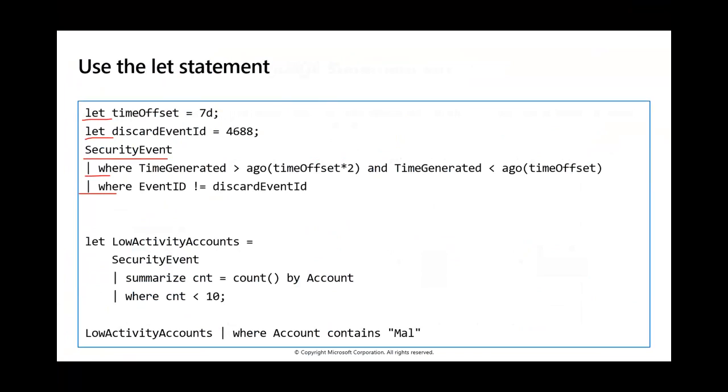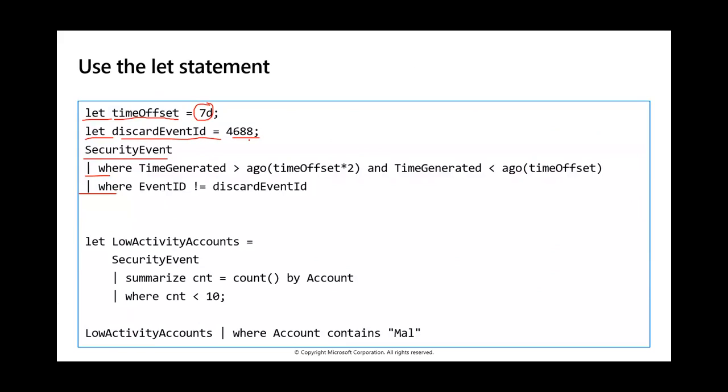In this case, we are creating a variable called time offset equal to 7d, or 7 days. We're temporarily storing a value with this let statement, like declaring a variable. And the discard event ID, which is another variable, is equal to 4688. 4688 represents a new process that has been created, for example.